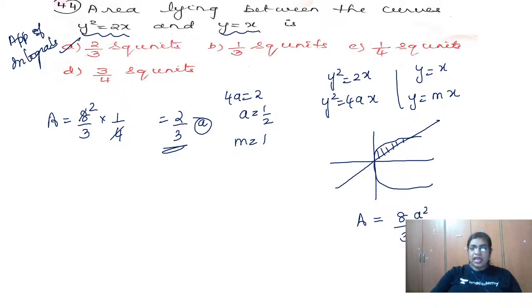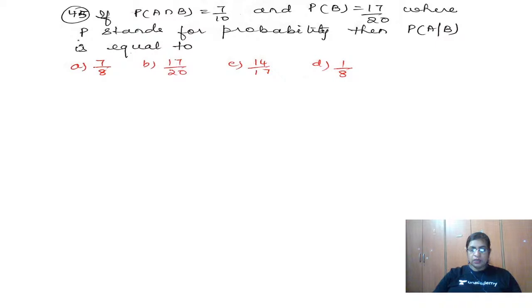So going to the last question of today, question number 45. If P stands for probability, they have mentioned that the probability of A intersection B is equal to 7 by 10 and the probability of B is equal to 17 by 20. The question asked is, what is the probability of A given B?